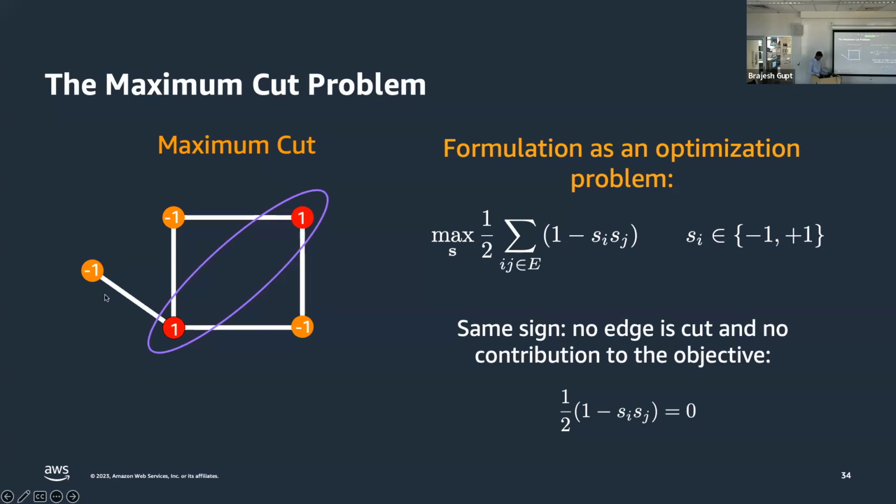So if there is an edge between -1 and 1, that will give a weight to the objective function. But if you consider -1 and -1, the same sign, this will give 0 contribution to the objective function. Then at the end, you can take this objective function, run over all pairs of vertices up here, and optimize it to find the maximum cut.